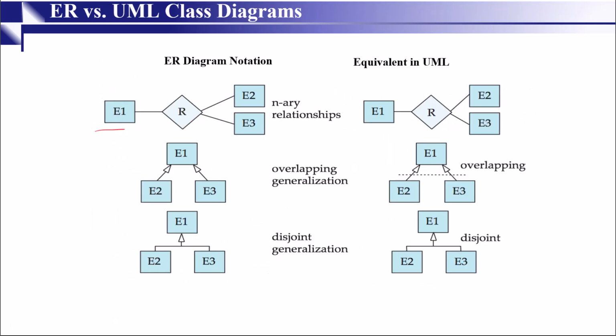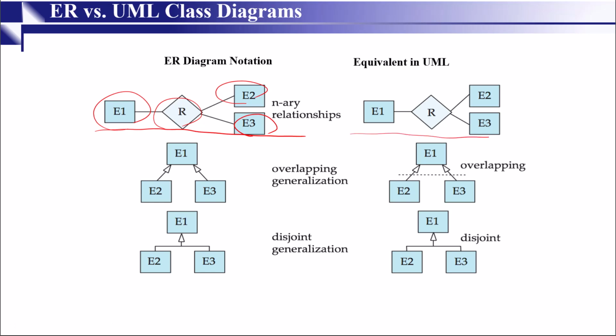Then here we can see an n-ary relationship. This is an n-ary relationship R involving three entities E1, E2, and E3. And we show the diamond connecting all of them together, indicating a relationship among them. This is called a ternary relationship.